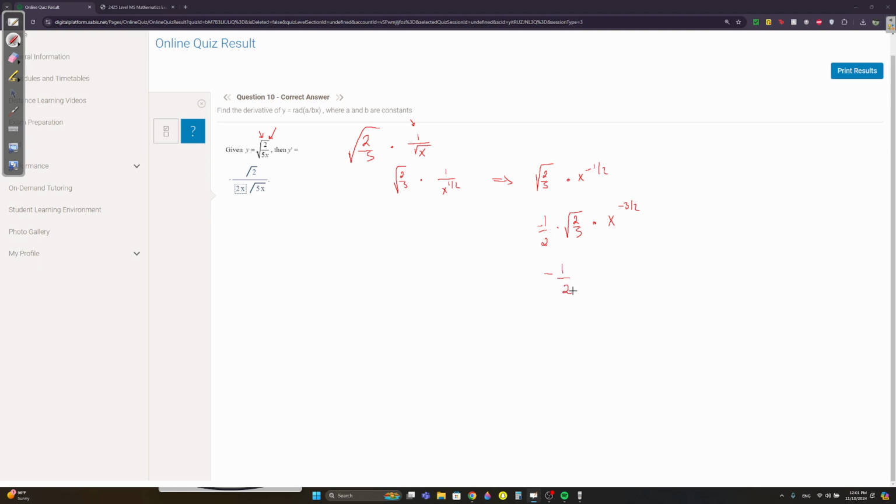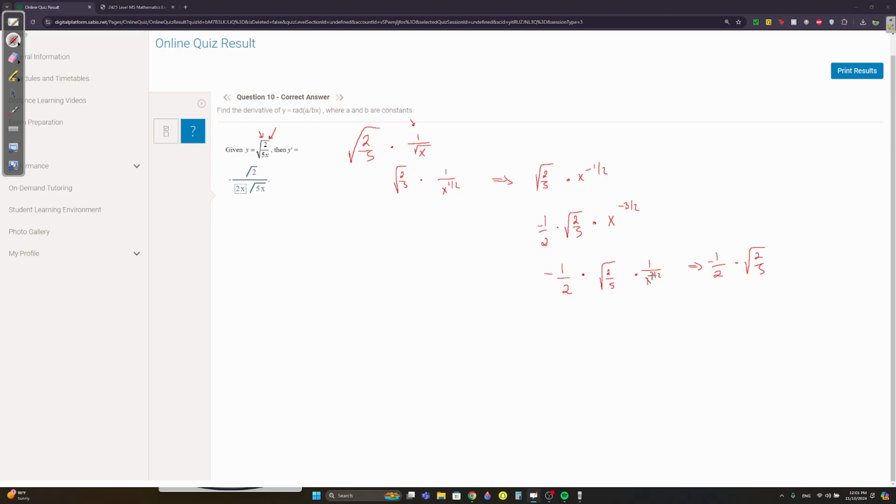You can have minus 1 over 2 times radical 2 over 5 times 1 over... You know what, let me make the power positive first. And this is equal to, when you have 2 down, a square root.